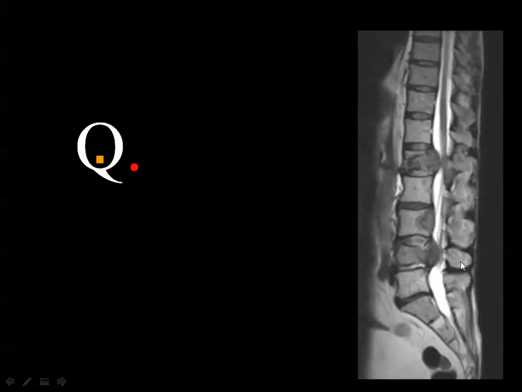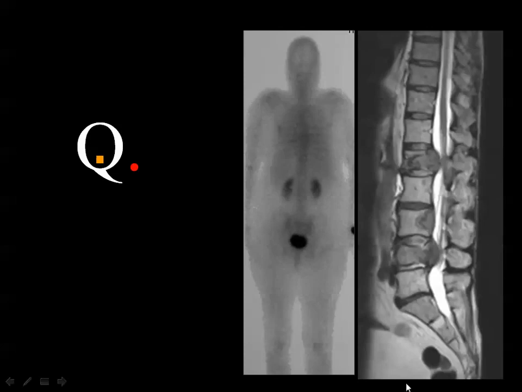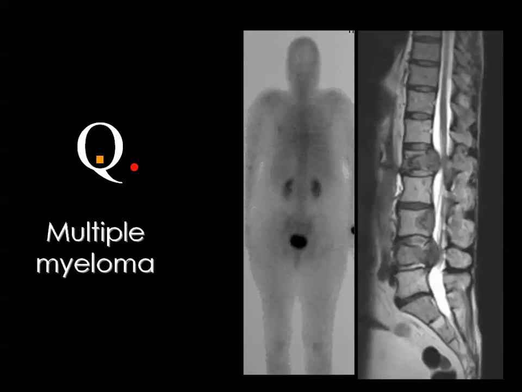Yes, and there is bulging and convexity of the posterior border of the vertebrae. Lymphoma, multiple myeloma, and metastasis. This is bone scan, which is free. Then let's exclude. Yeah, it's multiple myeloma. Yes, and this is multiple myeloma.